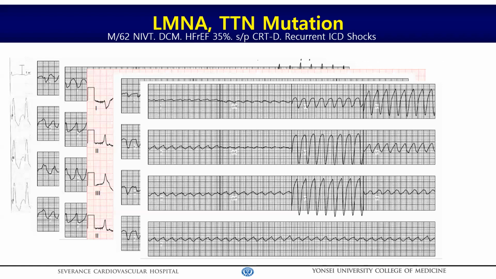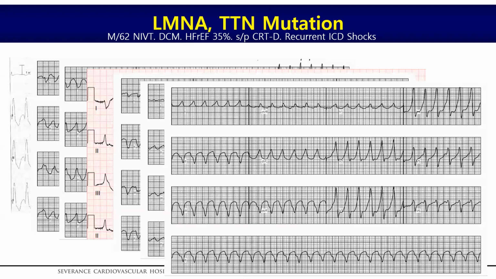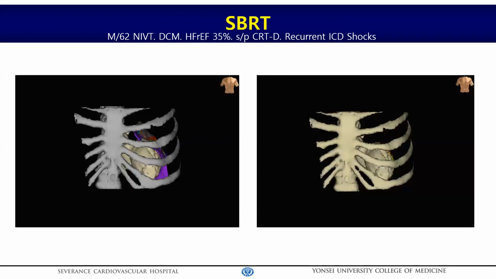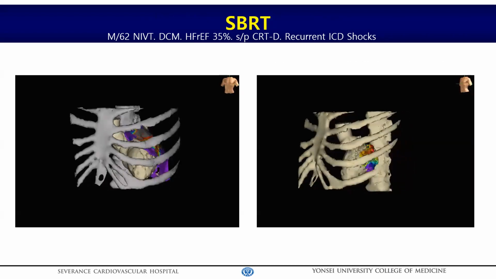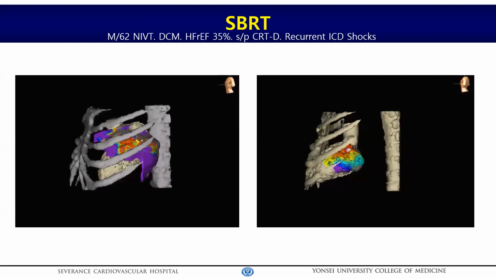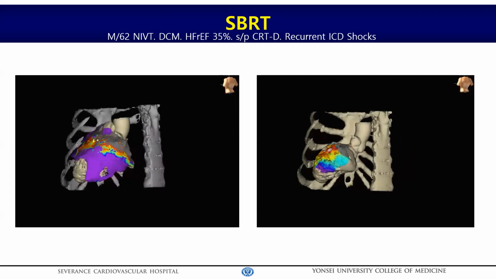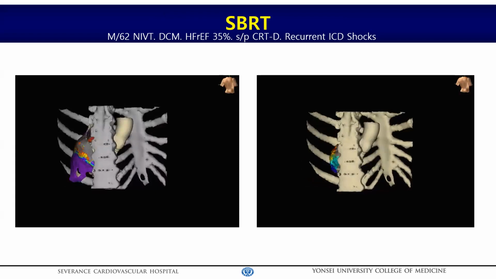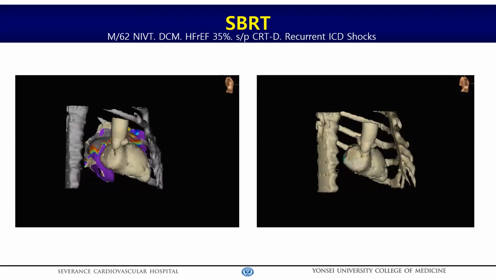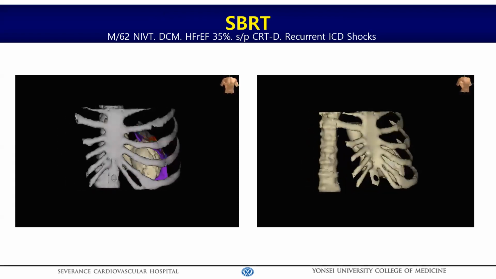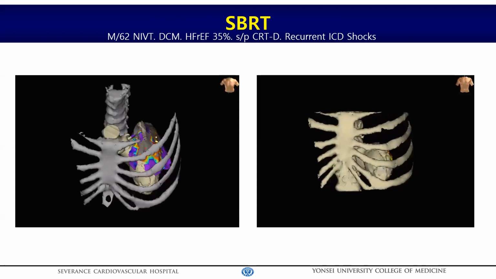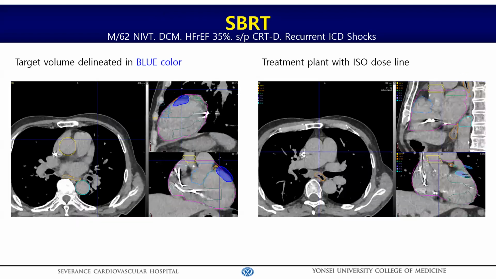Even after sympathectomy, ICD shock was occasionally repeated, and most documented VTs were of LV summit origin. Accordingly, stereotactic body radiation therapy was performed in consultation with a radiation oncologist, based on our previously performed 3D maps. When we conducted radiation targeting, the bony structure and the CRT-LV lead provided essential landmarks.